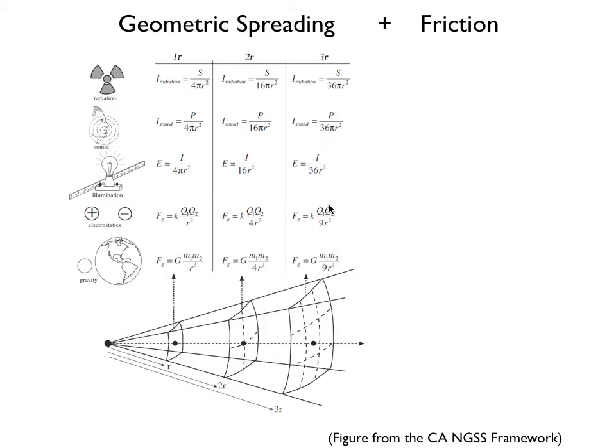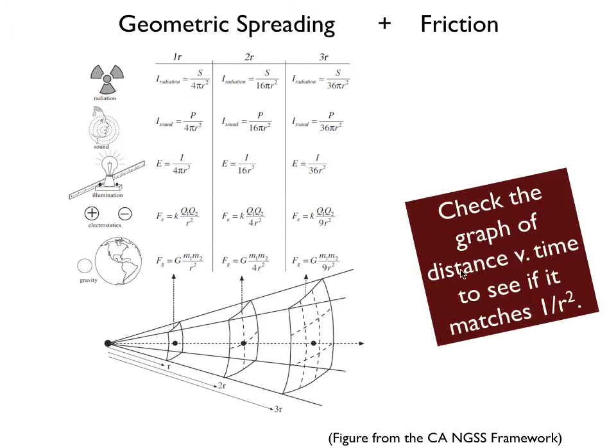This is late in our course that we were teaching this information about waves, so we've already seen this 1 over r squared term in Coulomb's law and Newton's law of gravitation much earlier in the course, and we're going to make that connection to our students so that they can apply all the reasoning that they had from that past experience to this experience. And we can actually check the graph to see if it matches a 1 over r squared.